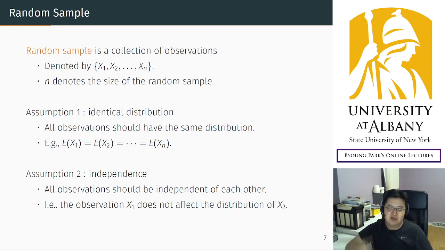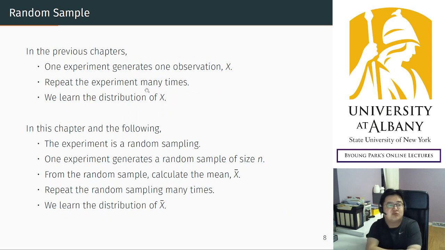Imagine I do my own analysis based on say 1,000 people, but there may be another researcher who analyzes the same thing, but from a different set of data. Then what would be the difference? What would be the probability distribution of our results, for example? That's what we're going to do.